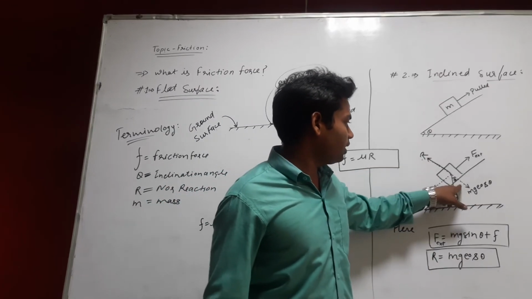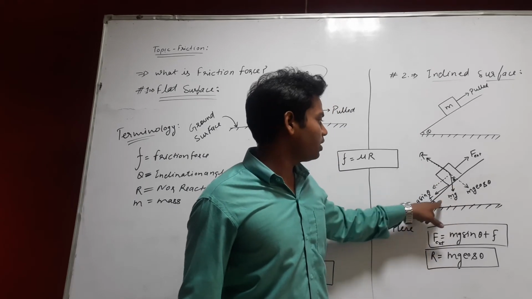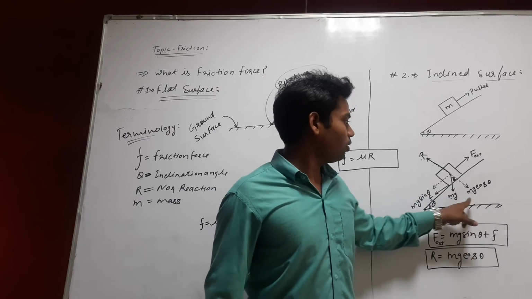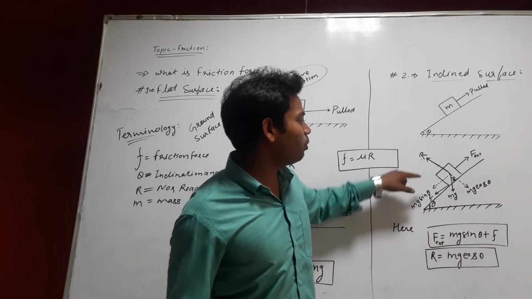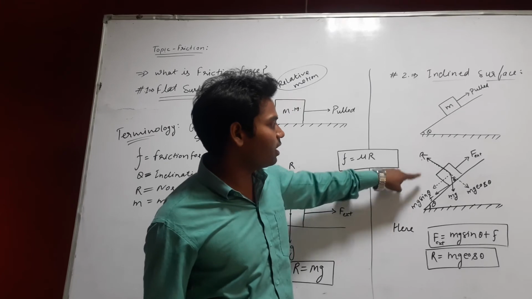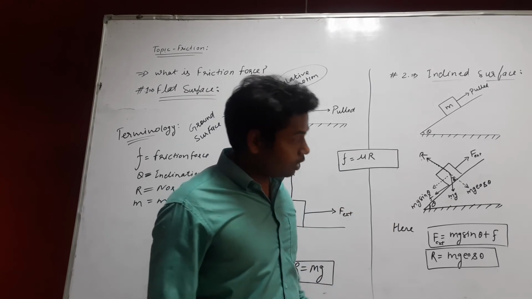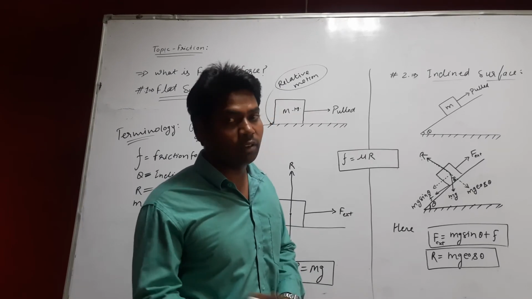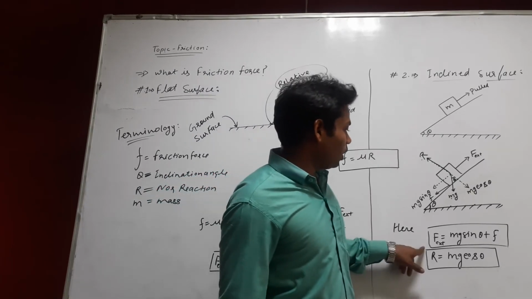As this angle is theta, one component of the weight is mg cos theta, and the other component is mg sin theta in this direction. Now we can calculate the forces.